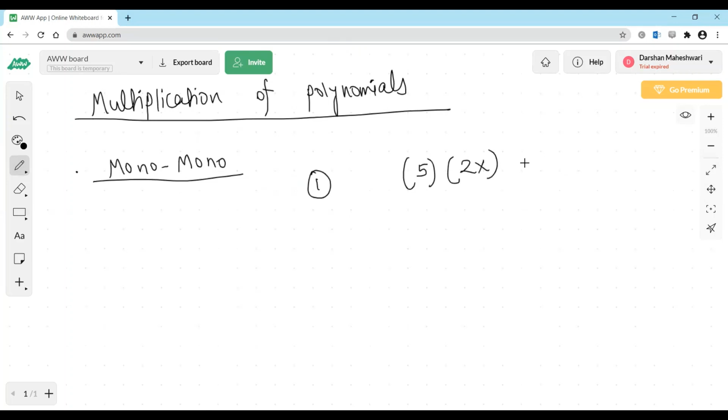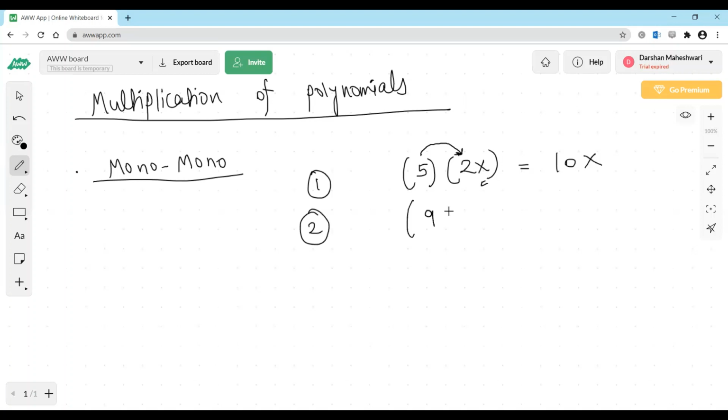What is the multiplication of this? When we multiply, we multiply the constant with a constant and a variable with a variable. In this case, there is only one variable, so we'll write that as it is. And 5 times 2 is 10. So we get 10x over here.